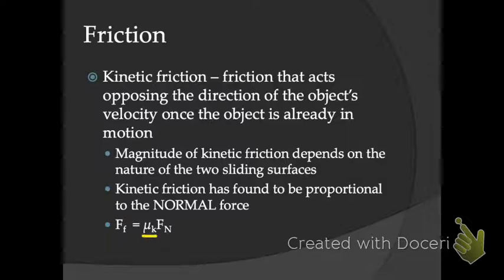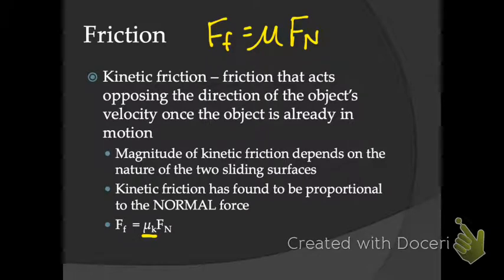This little guy right here is called the coefficient of friction, and that is a standard value dependent on two surfaces. I'll show you some of those in a second. You don't have to write the little k; that just tells us we're talking about the kinetic coefficient. But the equation for friction is the same no matter what: coefficient times the normal force.